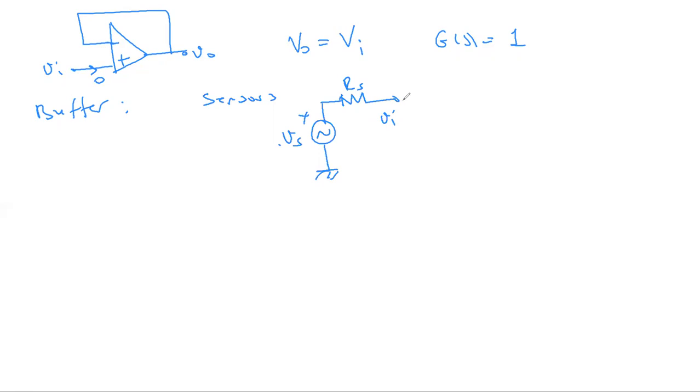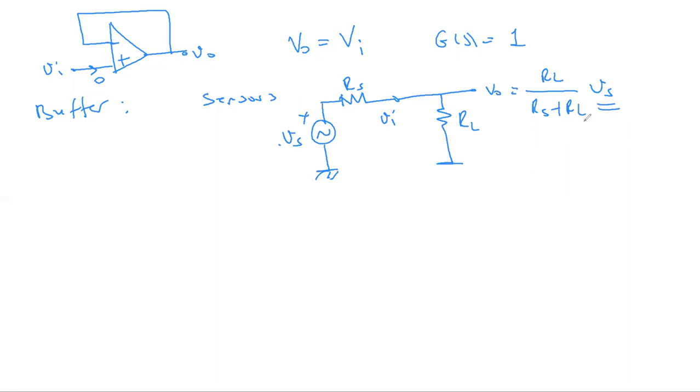If I connect this to any load, RL, and if we try to look at the V0, it is a resistor divider. We will have RL over Rs plus RL times Vs. This is the signal I wanted to send to the output.